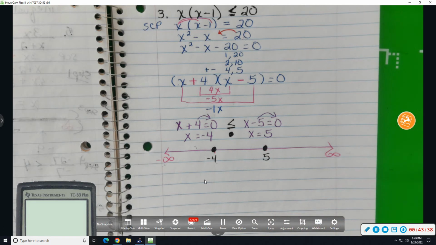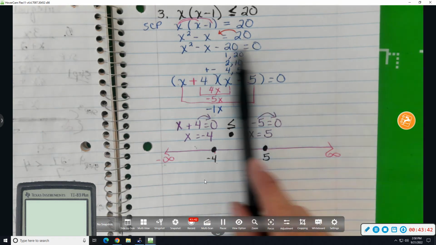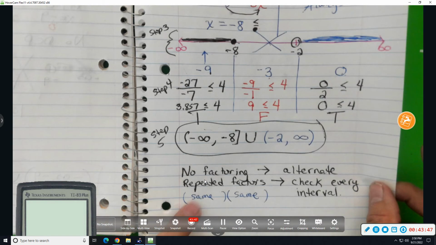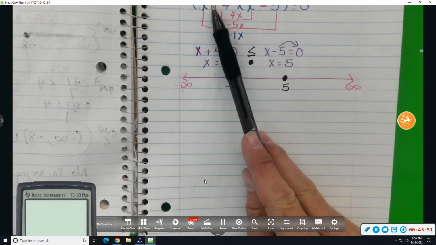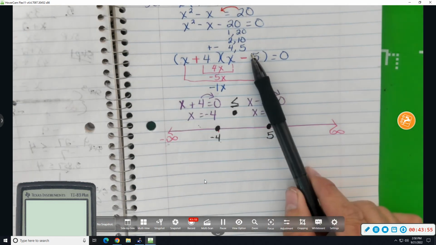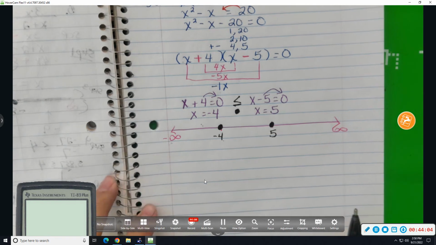Okay? Now, on this particular problem, we did some factoring. So, did we have any repeated factors? Did we get the same thing in both sets of parentheses? No, we got an x plus 4 and an x minus 5. So that means it's going to alternate. So I'm only going to test one interval, and here's how I'll go about it.